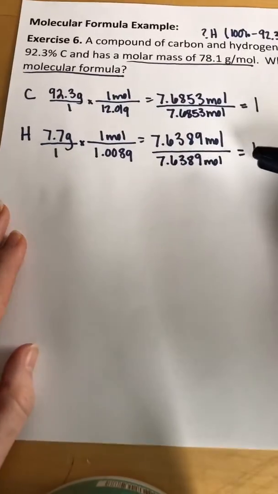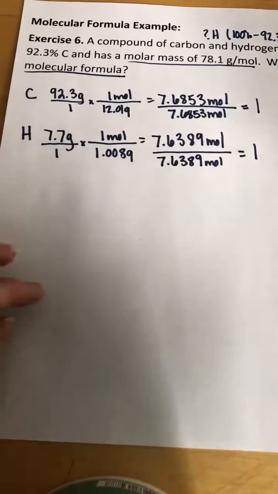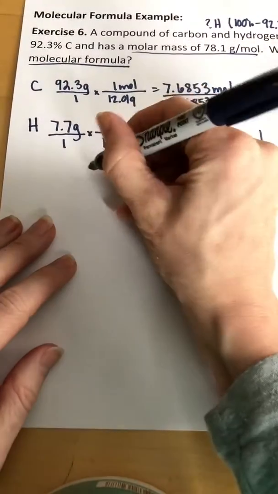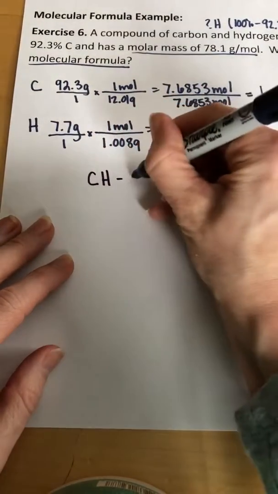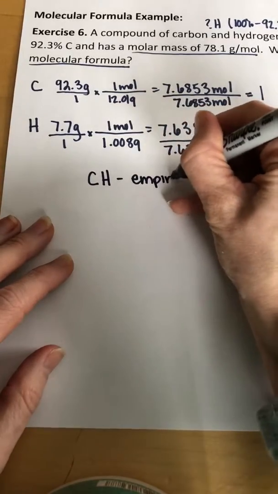So this compound in its empirical formula has 1 carbon and 1 hydrogen. So CH is my empirical formula.